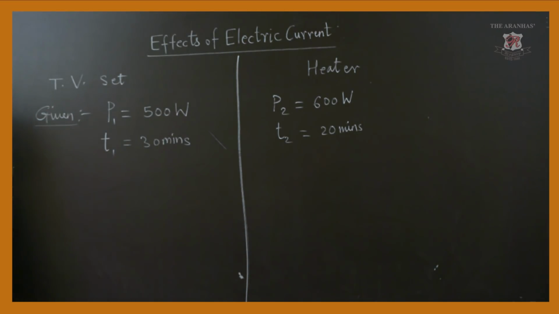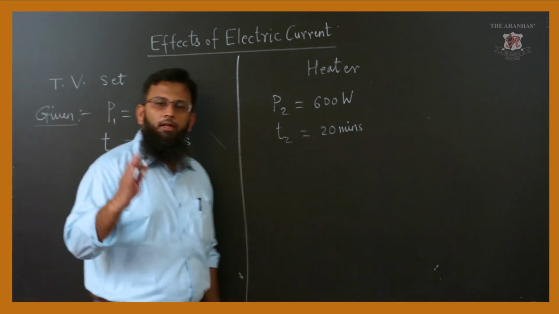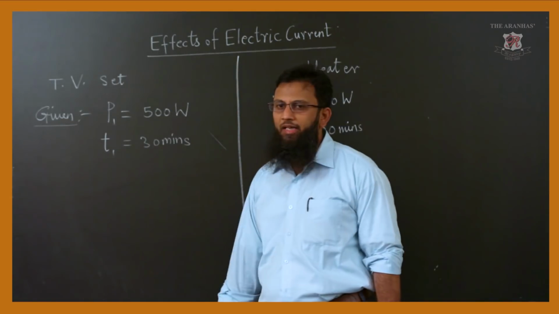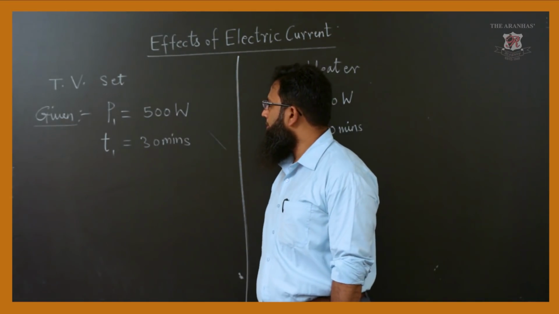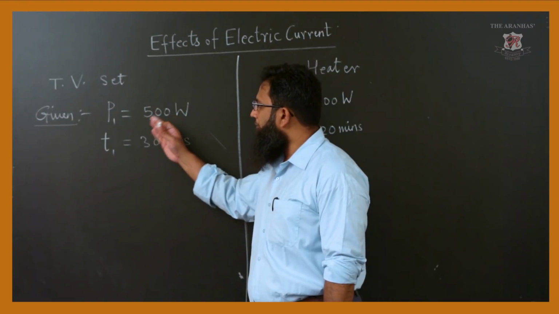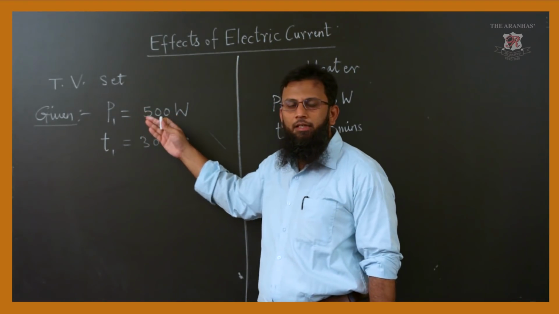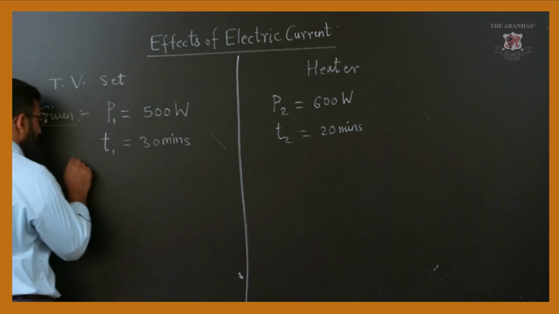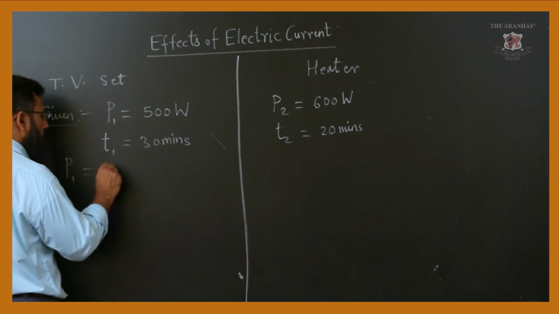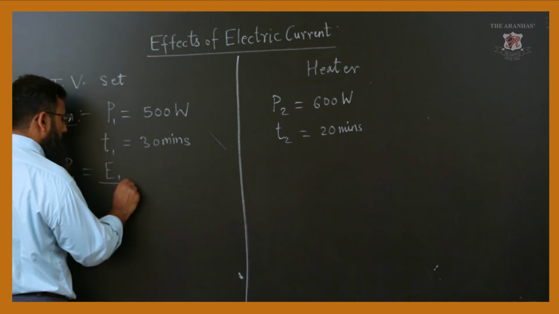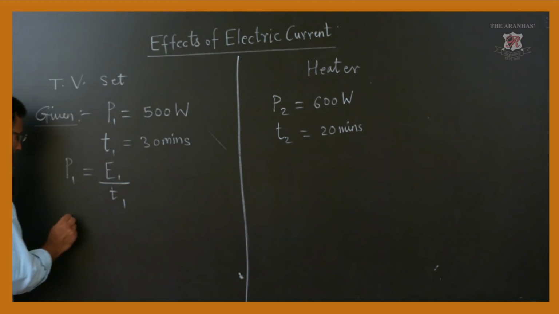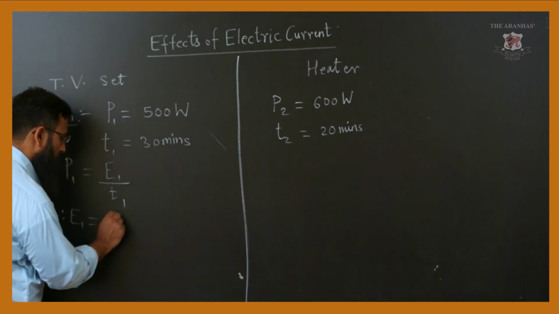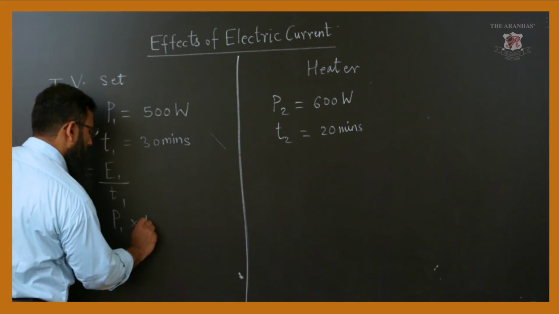Yesterday we have already collected the list of formulas which will be used for calculating such kind of factors. We are aware power is the electrical energy consumed per unit time. So, I can write here P1 is equal to E1 upon T1, and hence energy consumed by television set will be P1 into T1.